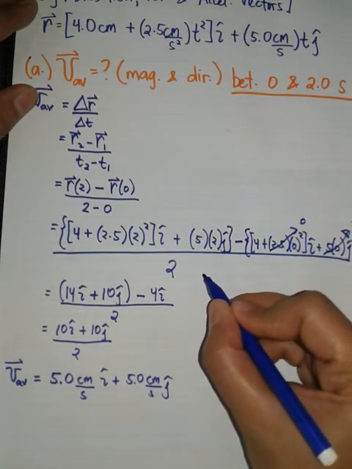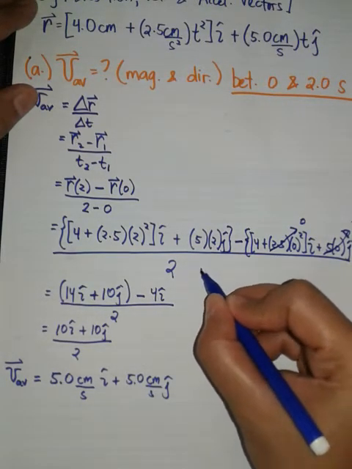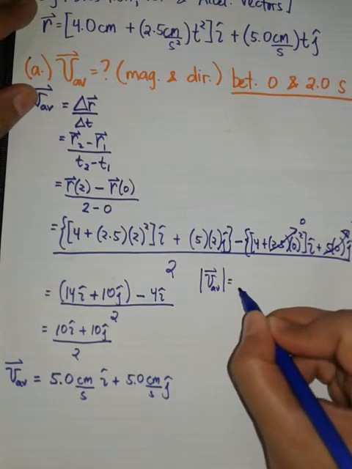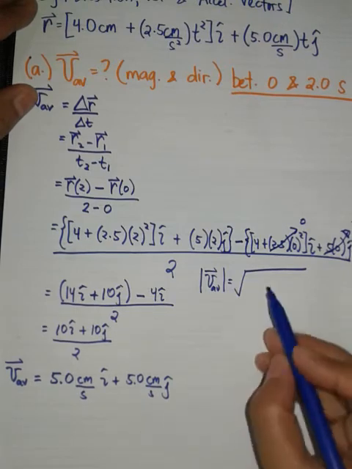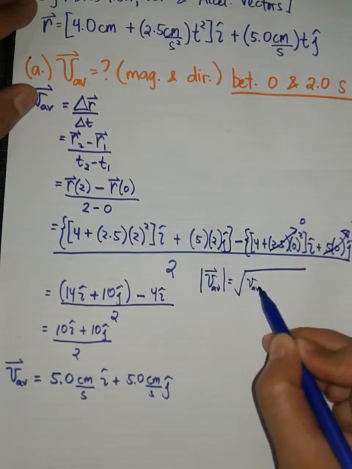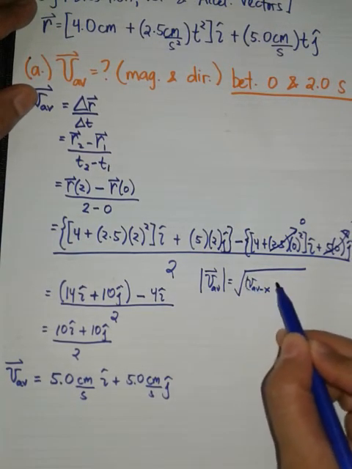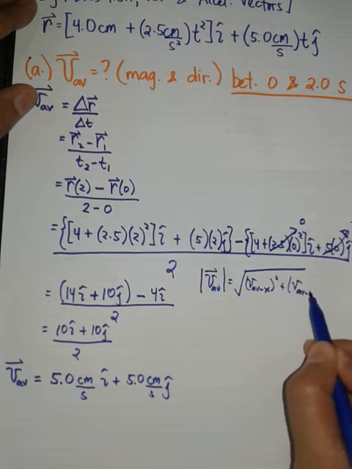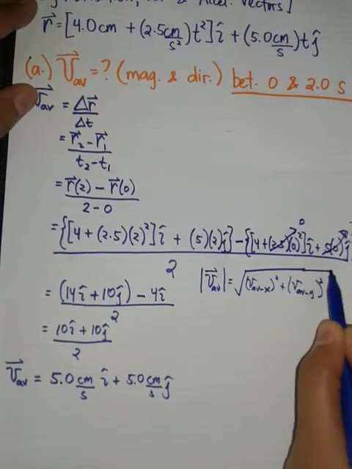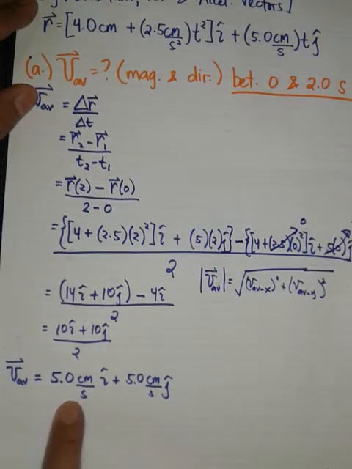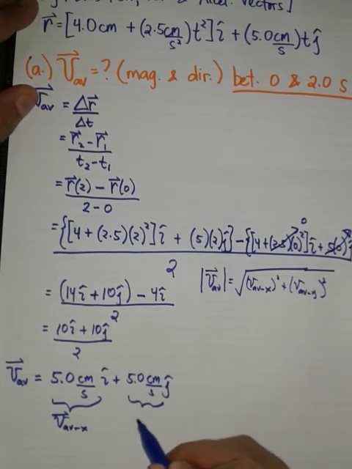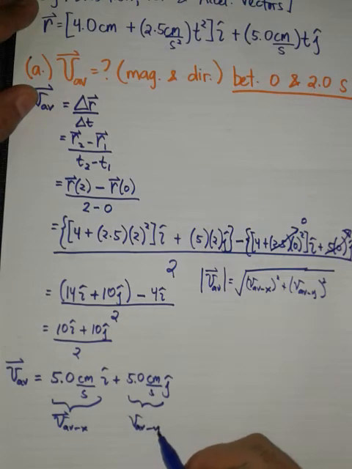So, for the magnitude, I'll say the absolute value, the magnitude of v average is equal to, you have the components here. V average x component, and then I'll square this, plus v average y component, and then you square this. Okay? Because this is v average x, and this is v average y.